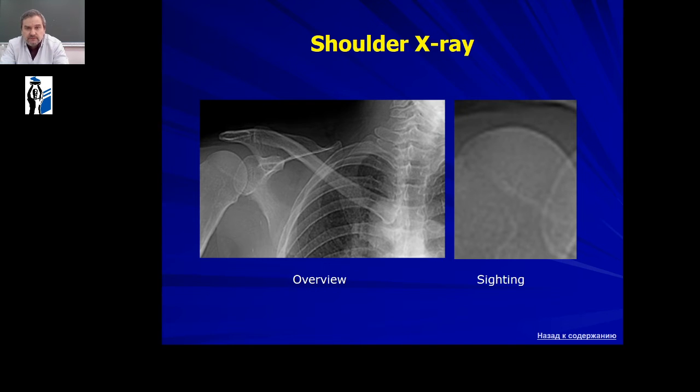Another type, shoulder X-ray. On the left picture is an overview, but on the right is a sighting image.